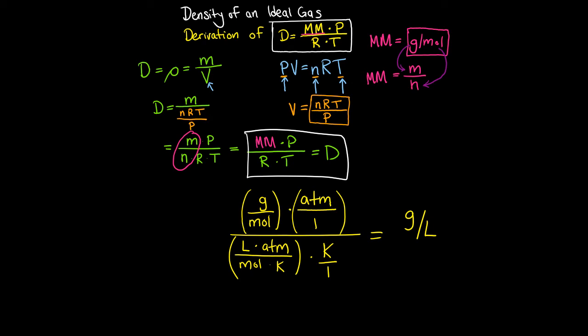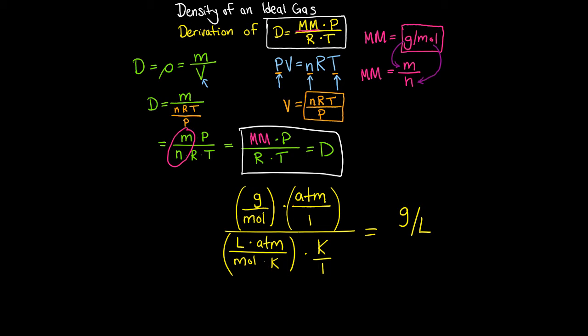Let's see what cancels out. Atmospheres is in the numerator position in the numerator and the numerator position in the denominator, so it does cancel out. Moles is in the denominator position in the numerator and the denominator position in the denominator, so they will cancel out.